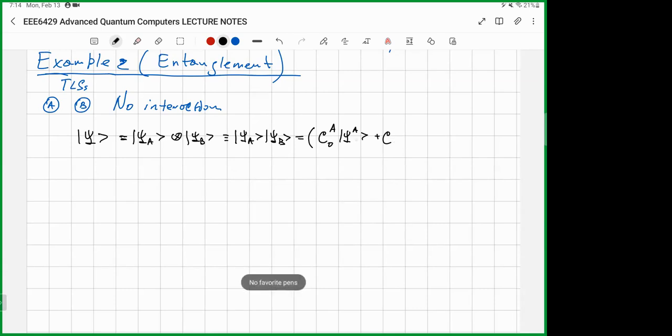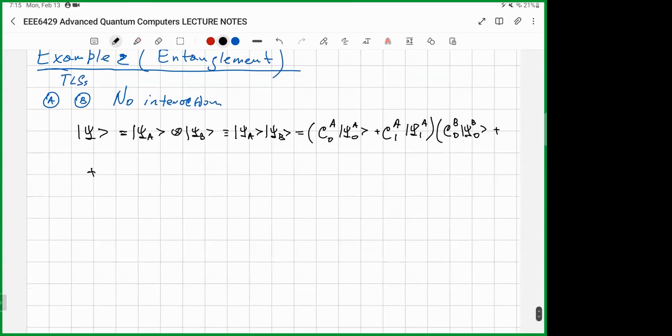So C0A psi 0A plus C1A psi 1A, multiplied by the second one, C0B psi 0B plus C1B psi 1B, right?